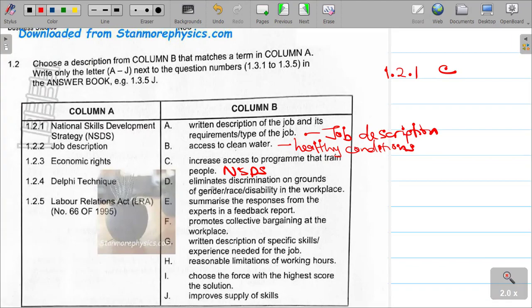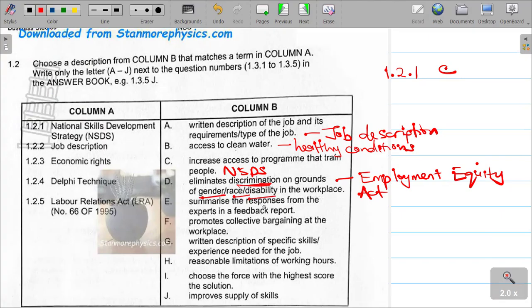That's what you call employment equity, the Employment Equity Act. It eliminates discrimination. No one is supposed to be discriminated against due to gender, race or disability in the workplace.